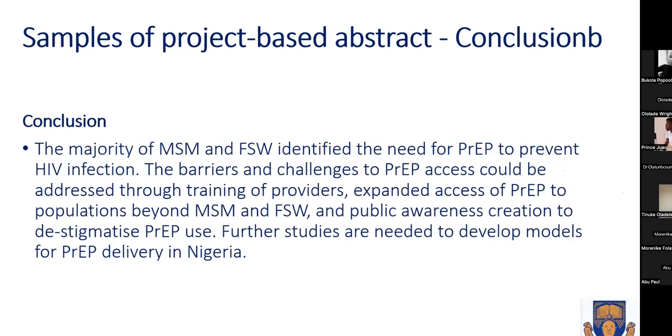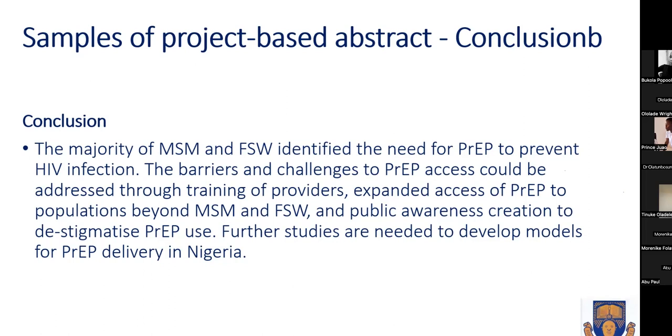Conclusion B. Score that person, or all of us, let's call it over 1. Conclusion B: The majority of MSM and female sex workers identified the need for PrEP to prevent HIV. The barriers and challenges to PrEP access can be addressed through training of providers, expanding access to PrEP to populations beyond MSM and female sex workers, and public awareness creation to destigmatize PrEP use.